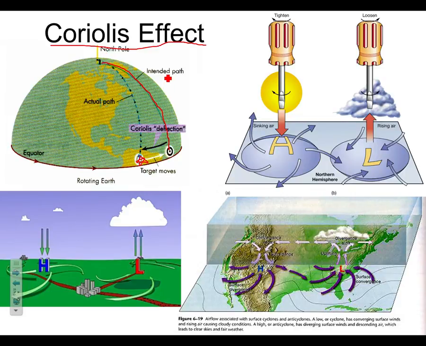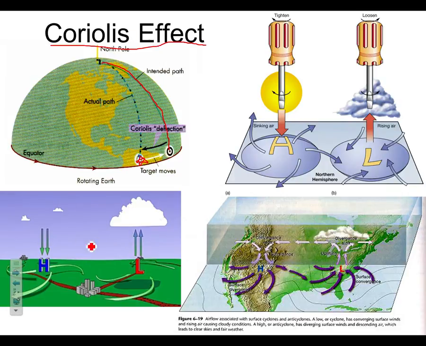Well, which direction does it turn? In the northern hemisphere, it turns to the right. In the southern hemisphere, it turns to the left. Now, what does that mean for wind? You see on your note sheet, I have a little area that says high pressure in northern hemisphere, clockwise out, and low pressure in northern hemisphere, counterclockwise in.